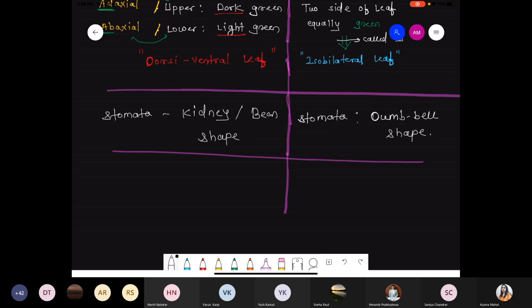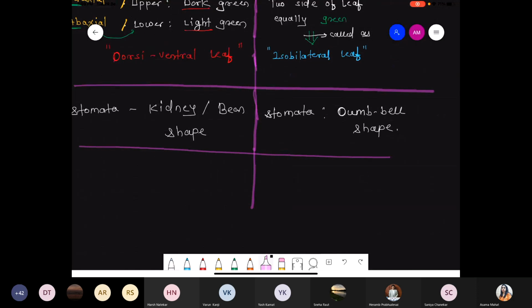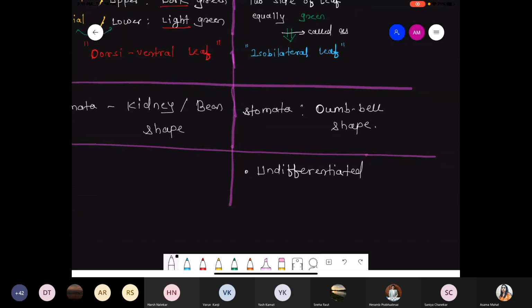In case of the monocot leaf, whatever the mesophyll cells are present, they are undifferentiated. Undifferentiated means what? There is no any differentiation. Whatever the mesophyll cells are present, they are having the same size. So simply we are talking about undifferentiated mesophyll cells, right?